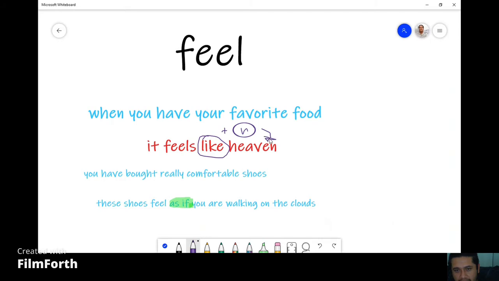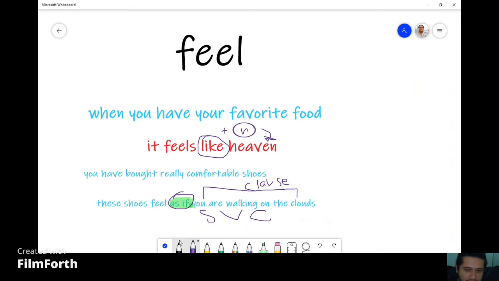Right? For example, heaven is a noun. And when you make sentences with as if, you have to use a clause.